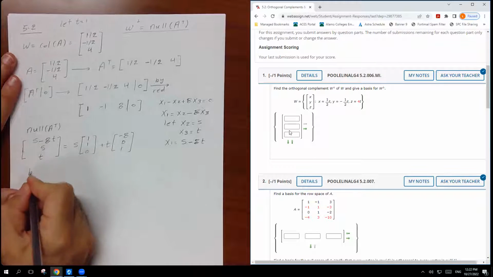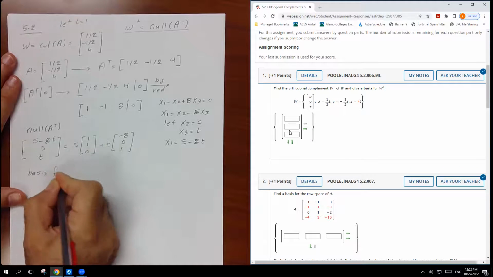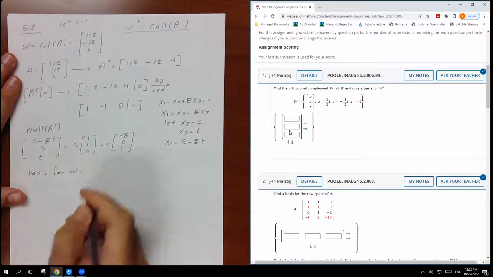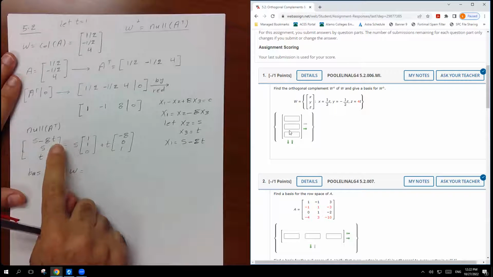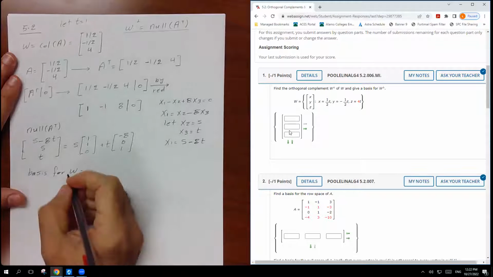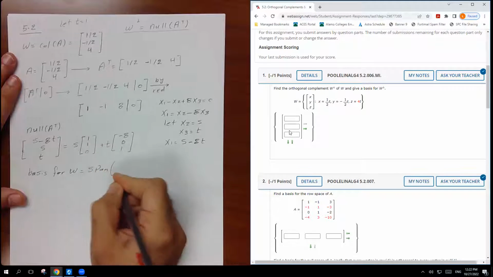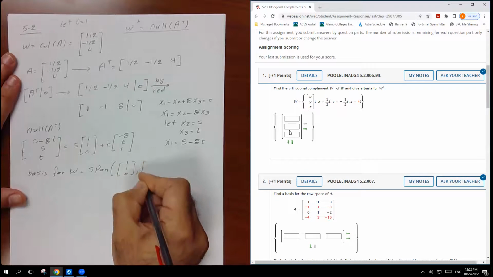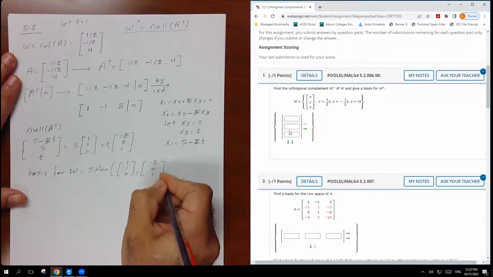That means the base for W complement, this is the orthogonal, and the base, which is going to be these two, is going to be the span of 1, 1, 0 and negative 8, 0, 1.